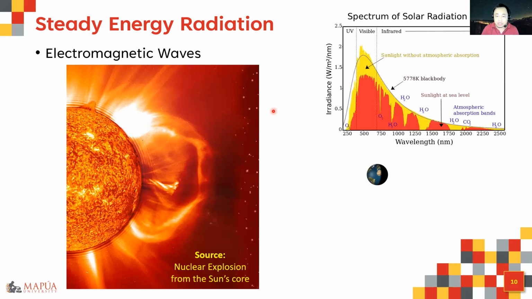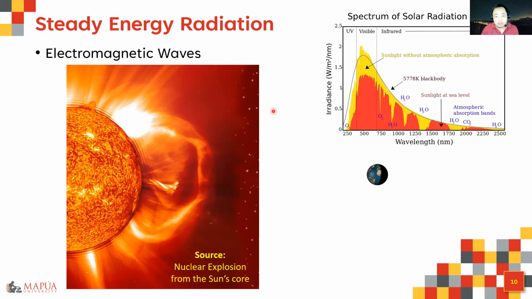This is usually depicted in terms of the irradiance or the solar spectrum of the solar radiation. More or less, this is constant. But when there's transient radiation coming from electromagnetic waves, it's a different case. All in all, a majority of the spectrum of the solar radiation is in the visible and infrared range, with some parts belonging to the ultraviolet, and even X-ray and radio wave spectrum.